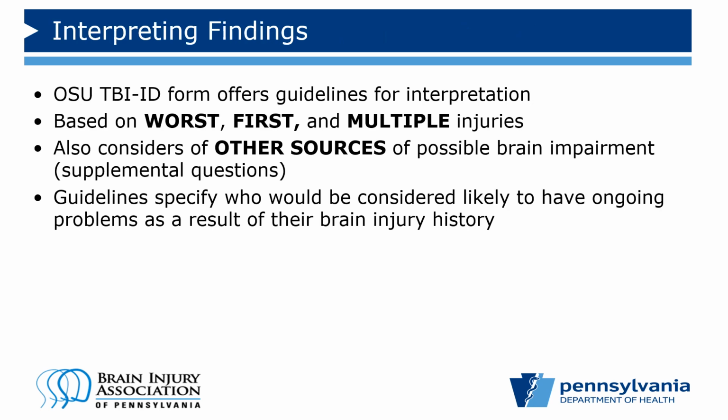As I mentioned earlier, the OSU is interpretable. The form itself offers guidelines for determining whether or not a history would be considered a positive screening, meaning that the person that we screened has a history of events likely to have caused a brain injury. We find the interpretation guidelines on the very back of the OSU or the second page, depending on how you downloaded it.